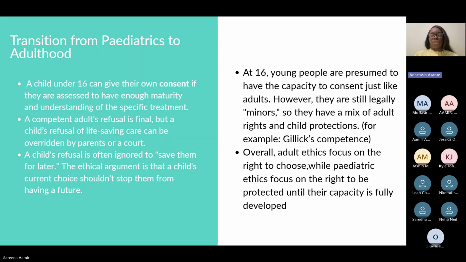Healthcare professionals would have a series of questions to test these young adults to see if they have the capacity to make informed decisions about their health. Overall, adult health ethics focuses on the right to choose, while pediatric ethics focuses on the right to be protected until capacity is fully developed.